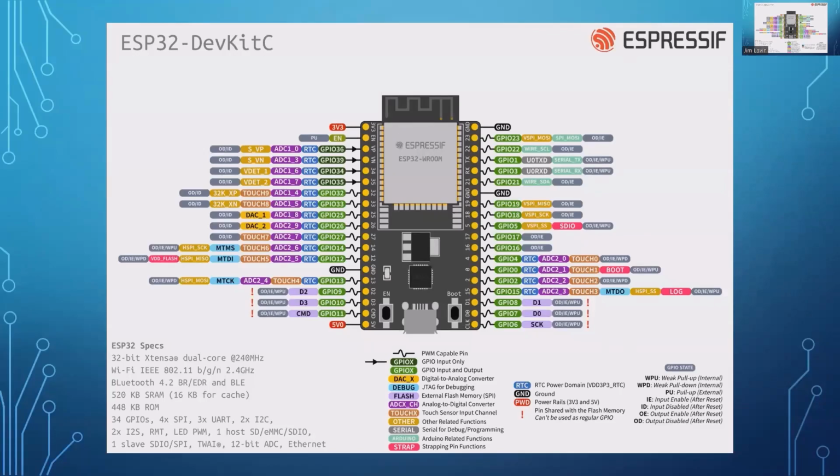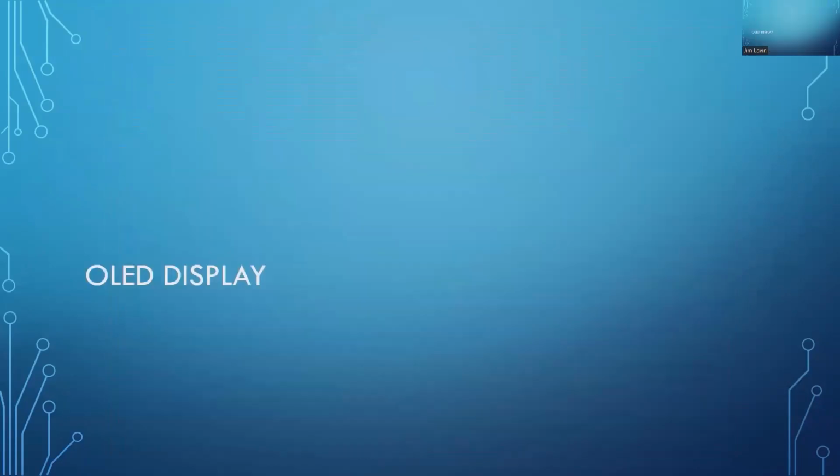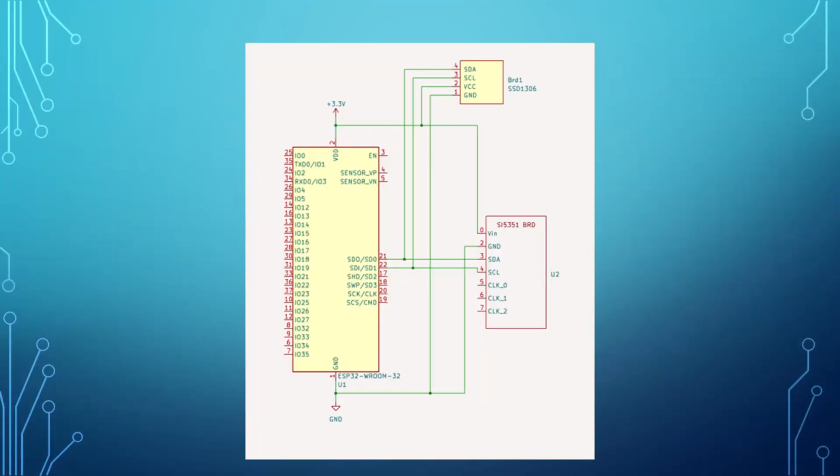So I did a schematic. Let's bring that up for the display here, and just kind of what I covered earlier. We're coming off the voltage, the 3.3 volts, and we're going into VN on the 5351 board, and going into VCC on the SSD1306 OLED display.